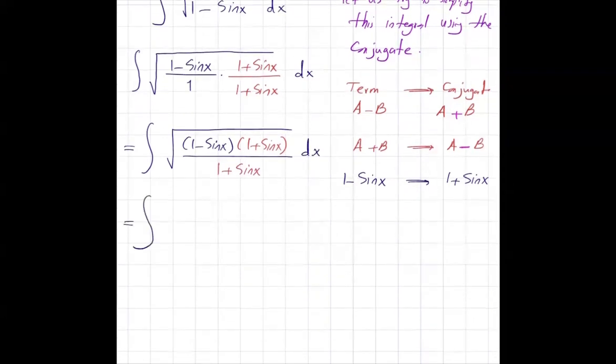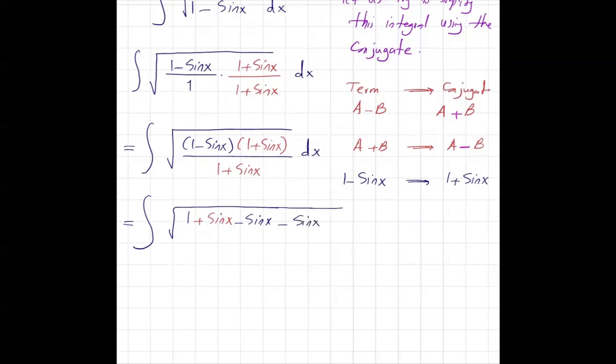Okay, our integral is the square root of, on the numerator, if you just multiply these, you get 1 plus sine x minus sine x. And here you end up with minus sine x times sine x, or sine squared of x.